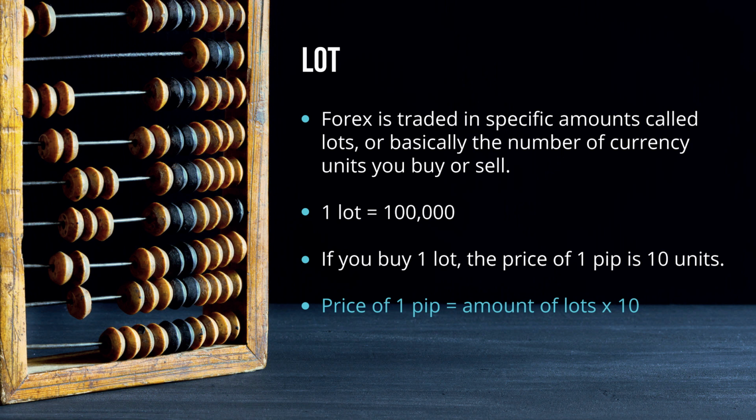Also, there is a specific formula which you can see highlighted in bold letters. So the price of 1 pip can be very easily found. You need to take the amount of lots and multiply it by 10.